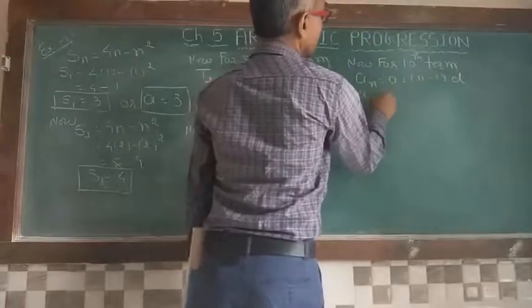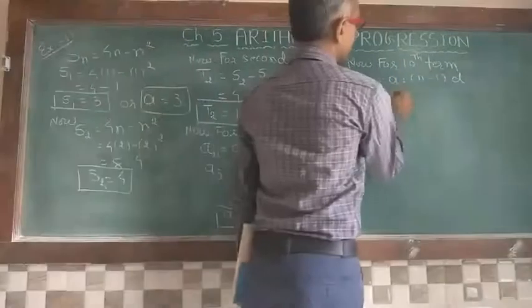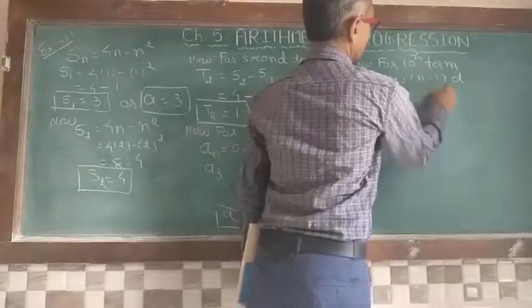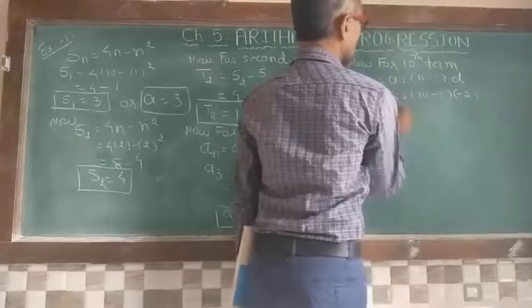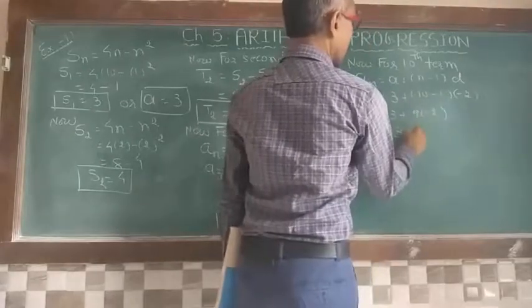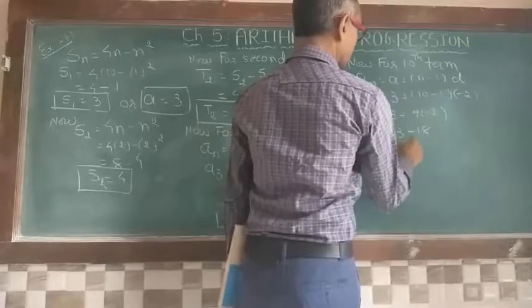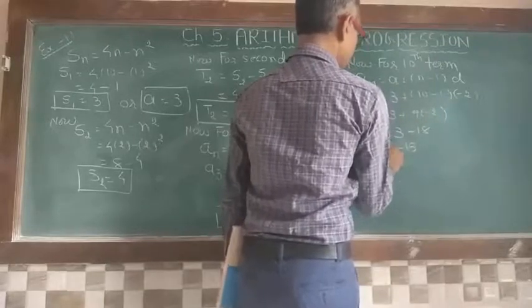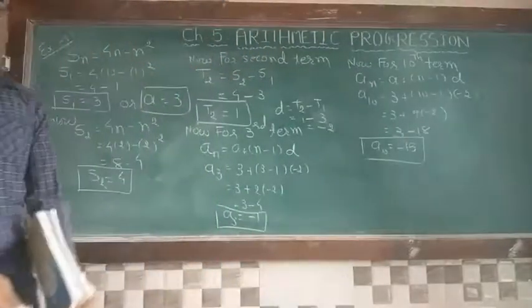Then a10 = a is 3, plus (10 − 1), and d = −2. So 3 + 9 × (−2) = 3 − 18. So your answer is −15. This is your 10th term.